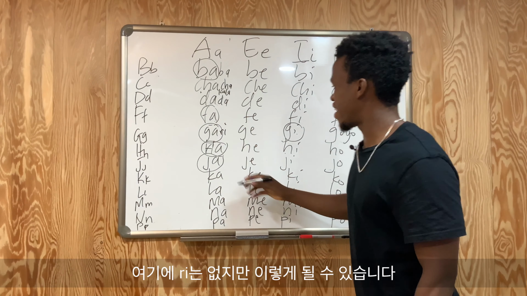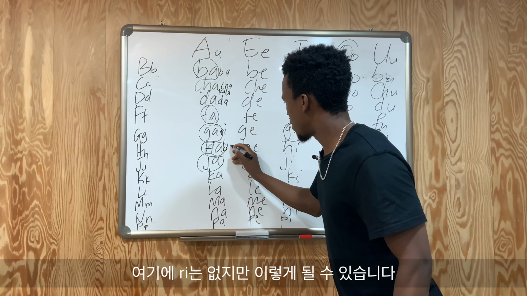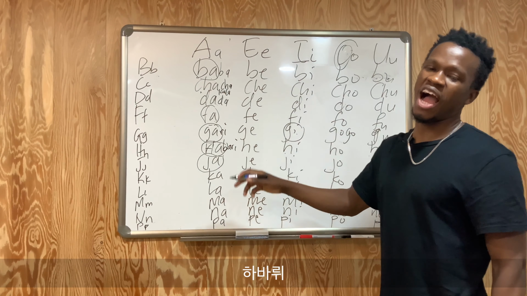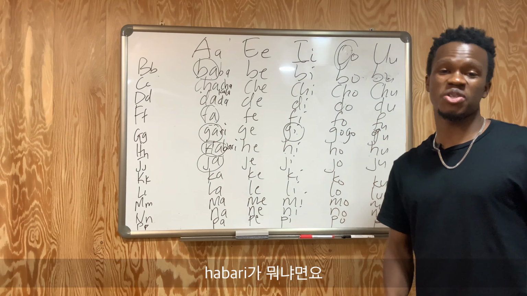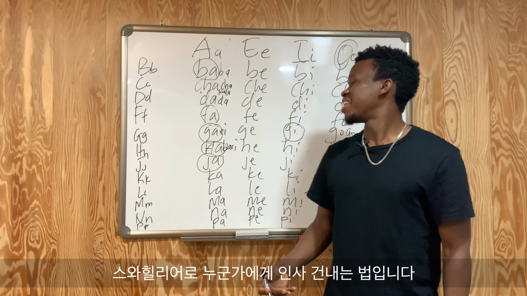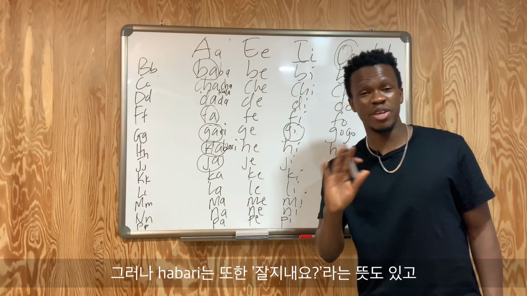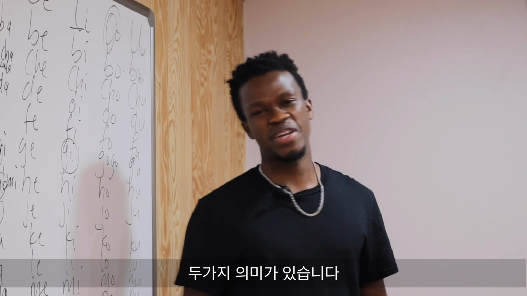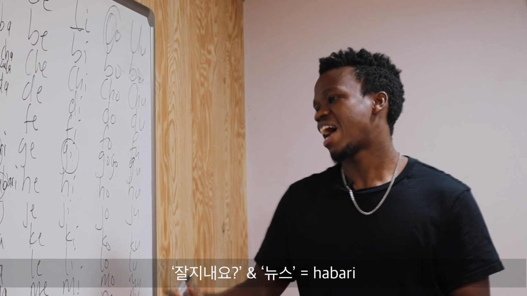We don't have ri here, but it can be like this. Habari. Habari is also a way of greeting somebody in Swahili. But habari can mean how are you, or it can mean news. It has two different meanings. How are you, or news. Habari.